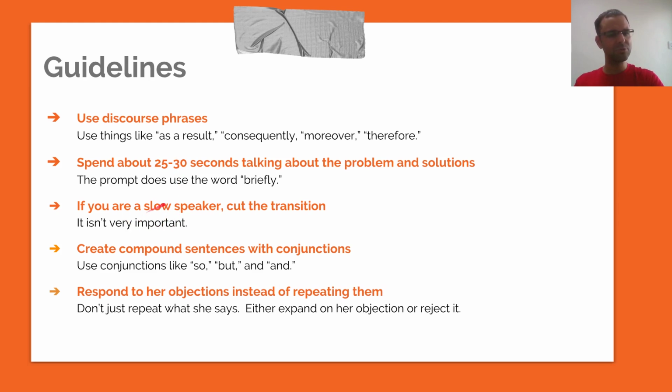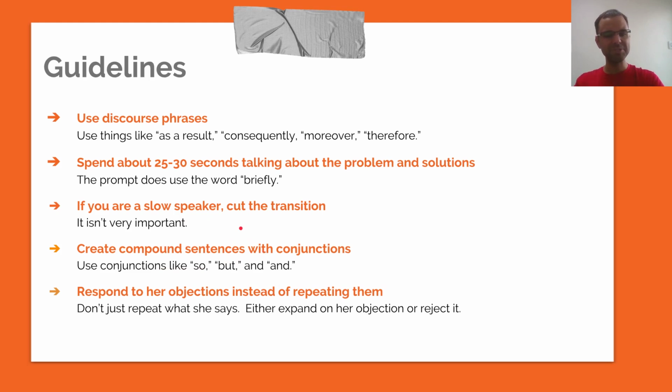If you are a slow speaker, you can cut the transition from the template. That'll save you a couple seconds, and it's not too important. If you're a really slow speaker, as I said, cut the summary of the objections. That will reduce your score, but maybe you have no other choice.